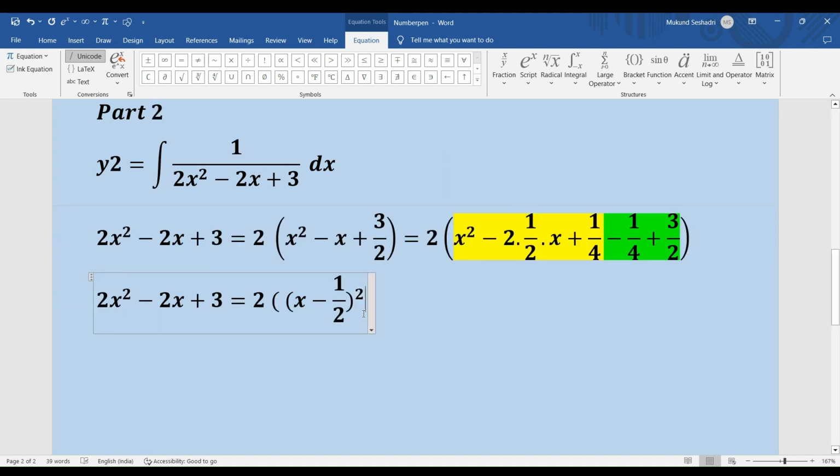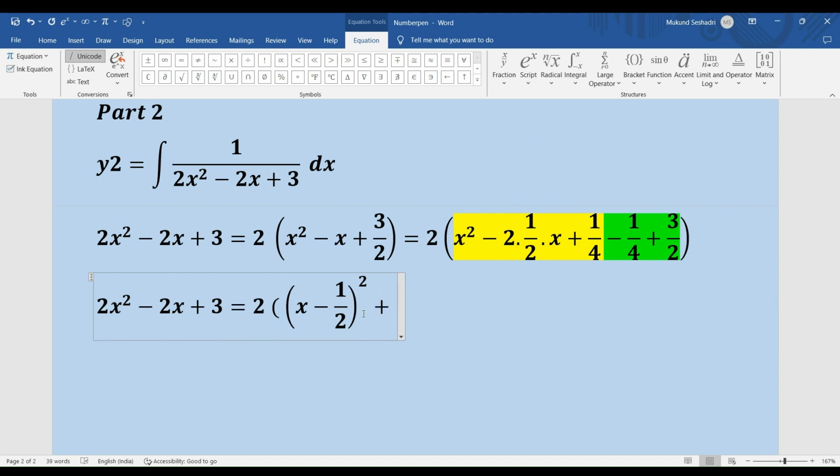And then the green portion, which is a 3 by 2 minus 1 by 4, right? What is that? It's nothing but a 5 by 4, right? So we have the quadratic expression re-expressed as 2 times x minus half the whole square plus 5 by 4.